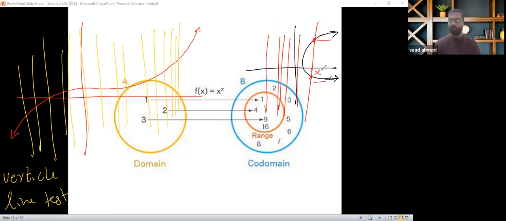These are the y values. You see, one x value corresponds to 2 y values. So this curve is not the graph of any function. It can be the graph of anything, but it's not the graph of a function. So this is the vertical line test. If you are given a graph, you can draw the vertical line, and if the vertical line crosses the graph more than once, then it's not a function.